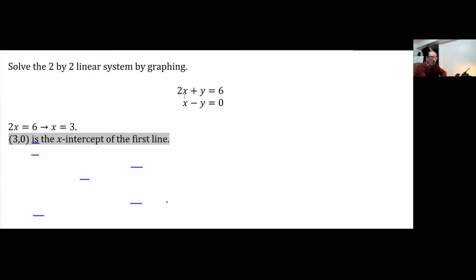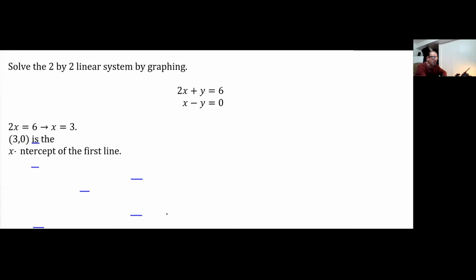Putting in 0 for x, 2 times 0 is 0, 0 plus y is 6. So y equals 6 when x equals 0. That's giving us the y-intercept of that first line, (0, 6). You could plot those two points and connect, perhaps do a third point as a checkpoint.